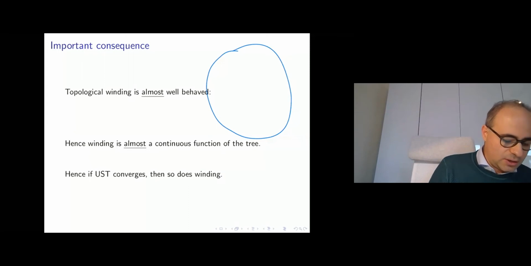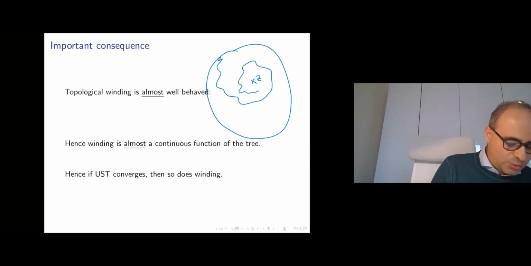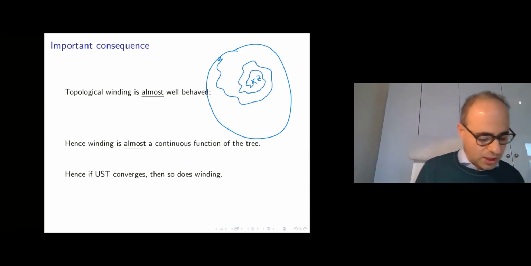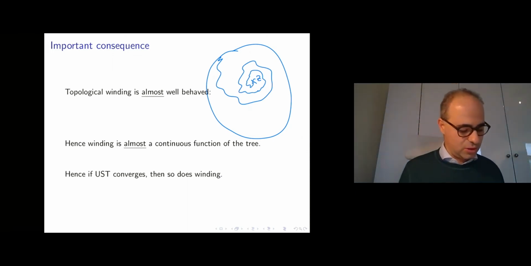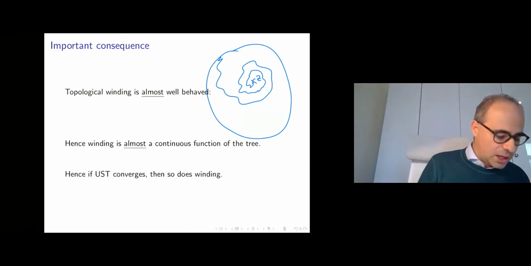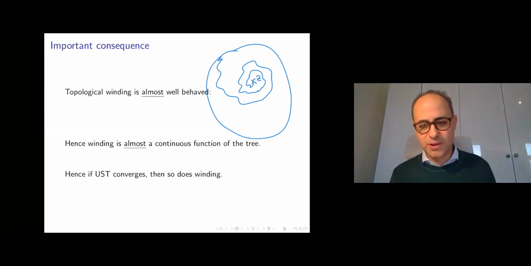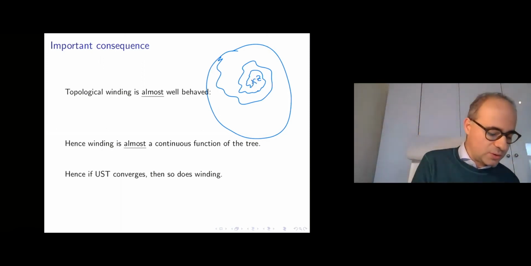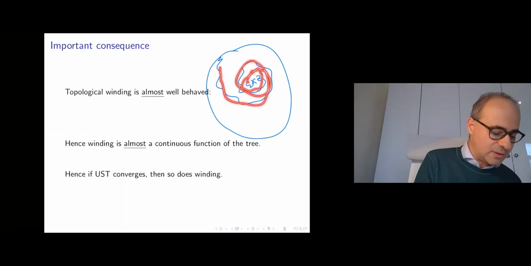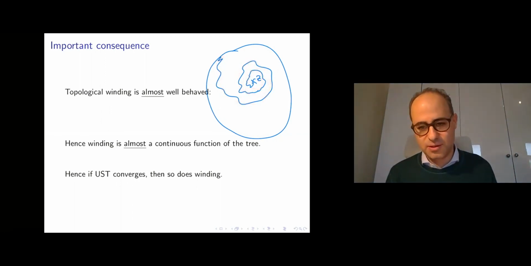I've got a domain and maybe a point Z here, and you should think of this as being some kind of branch of the uniform spanning tree, so an SLE2 curve going to the point Z. If I'm interested in the topological winding of this path around the point Z, there will be some stuff happening locally around Z, but the fractality of the path is in itself not that relevant.